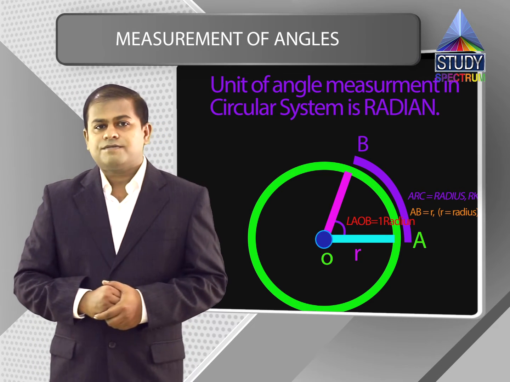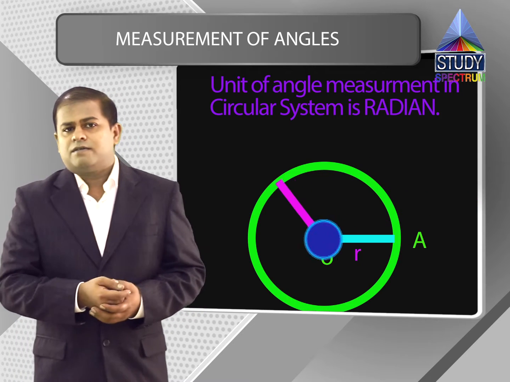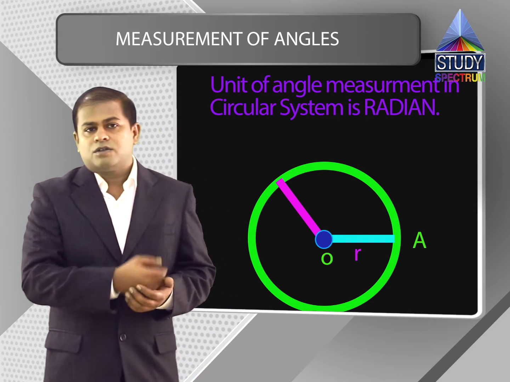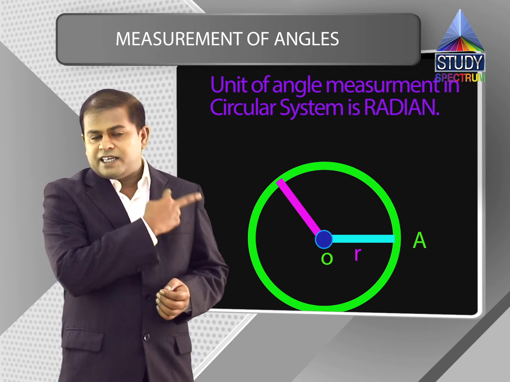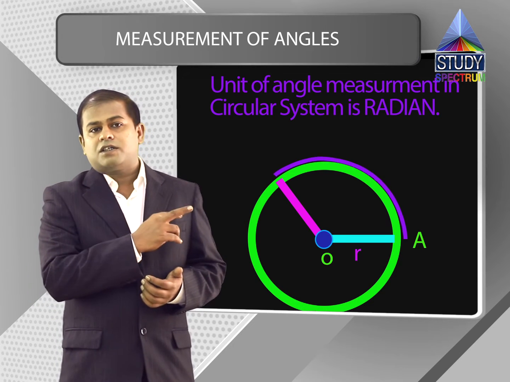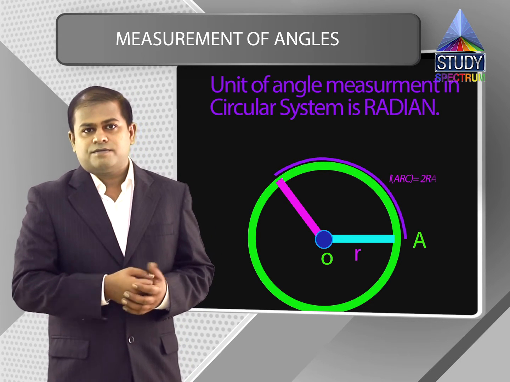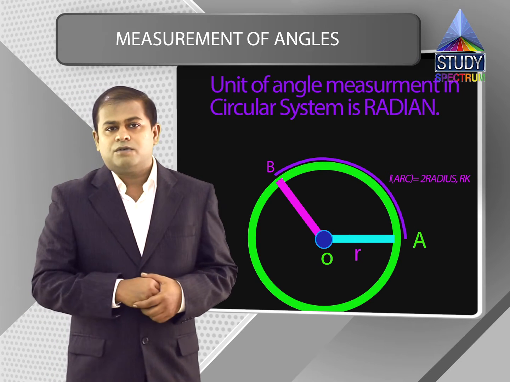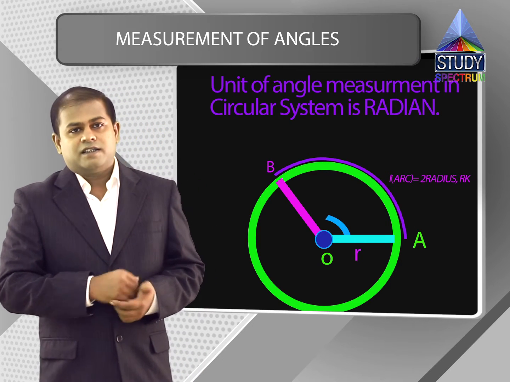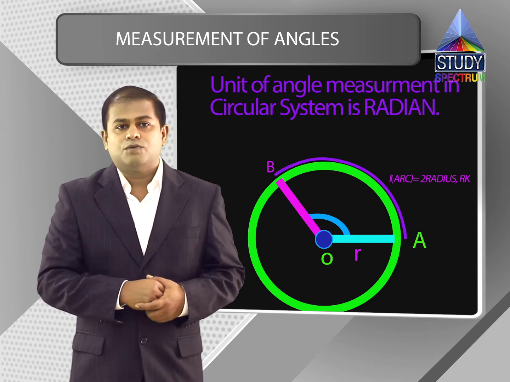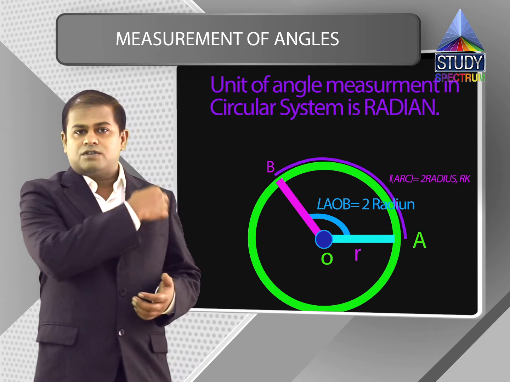Right? Same way, what will be 2 radians? If the length of arc is equal to twice the radius, then the angle measured is 2 radians. Similarly, we can draw 3 radians.